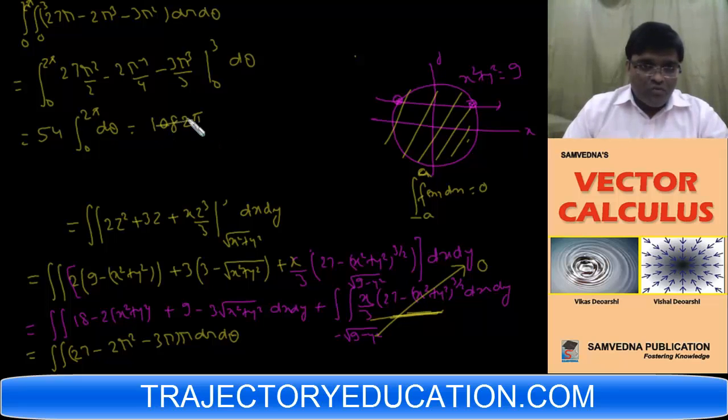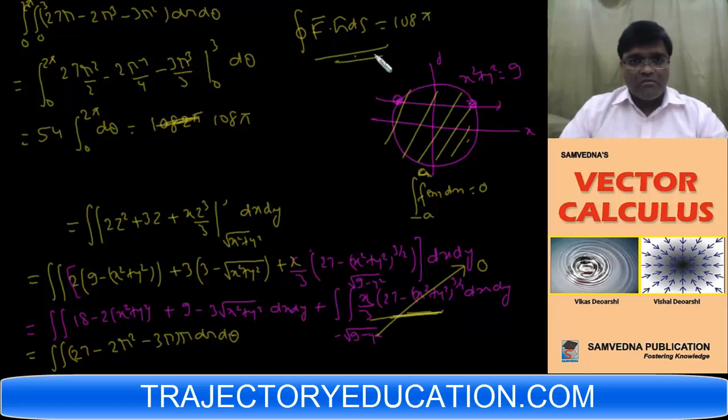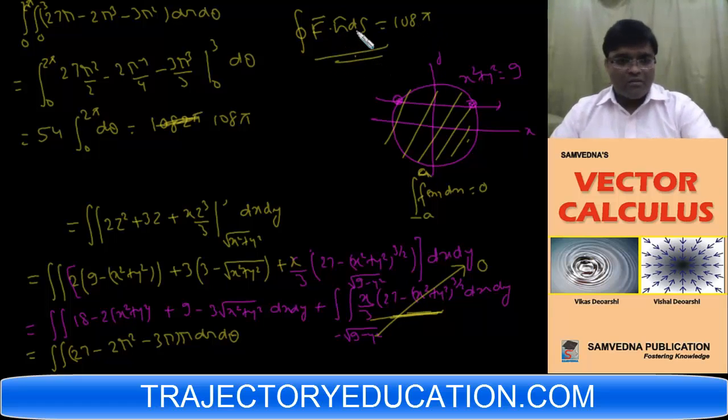So total it will come out to be 108 pi. This will be the answer you'll get. So the surface integral over the given region is 108 pi.